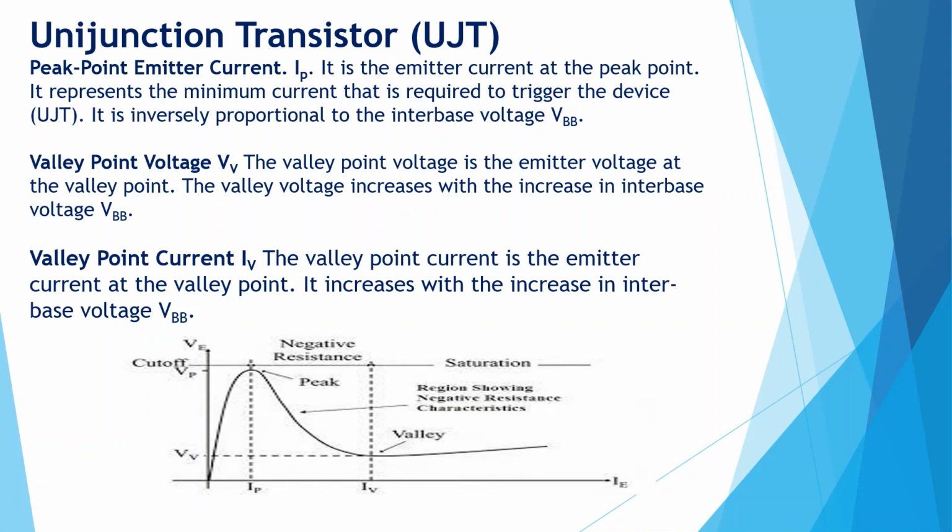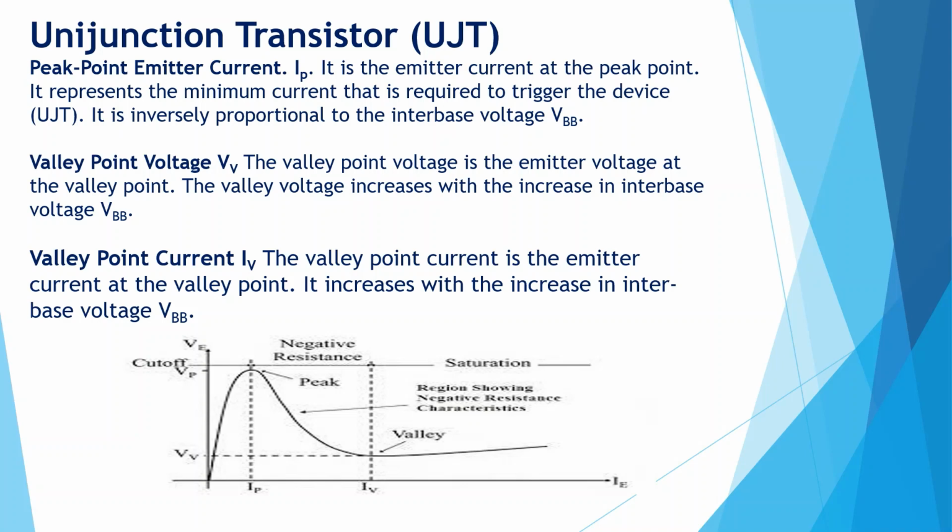Increase in IE will decrease VE. So that is what has been shown. This is called the valley. Here the VE value is decreasing as the current increases. This region of a unijunction transistor is called negative resistance, and this will be helpful when we design an oscillator circuit.